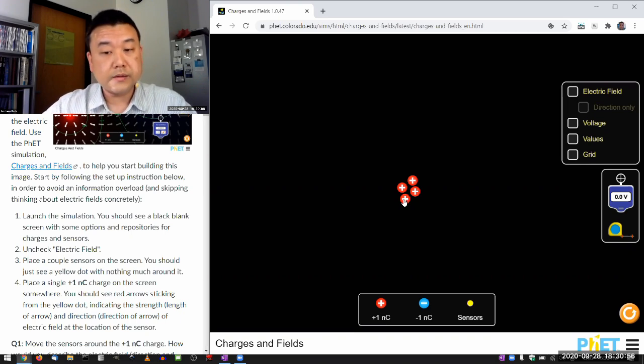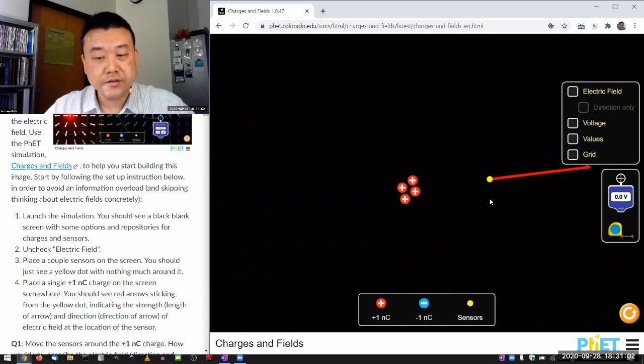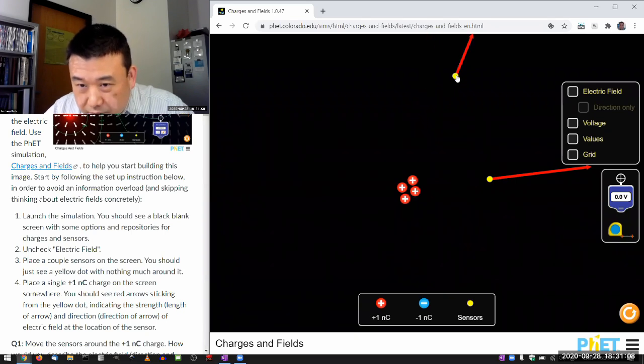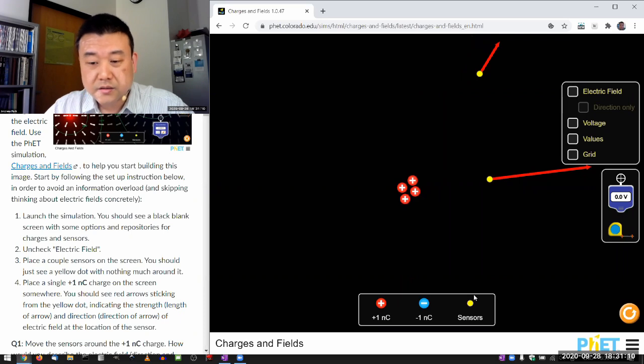And the way we test those properties of space is by placing sensors in space. These sensors are sometimes what we call test charges. It can be thought of as a very small amount of positive electric charge that would be pushed in the direction of the electric field.